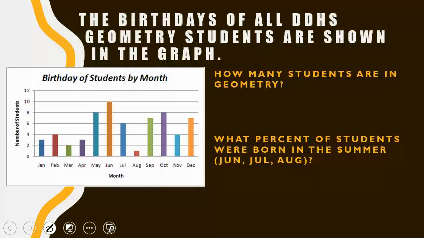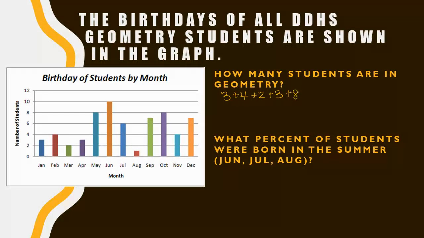Looking at this graph here, we've got the birthdays of all the DDHS geometry students. First question is, how many students are in geometry? Well, if this shows the birthday of every student, we can simply add them up. So in January, there's 3. In February, there's 4. In March, there's 2. In April, there's 3.